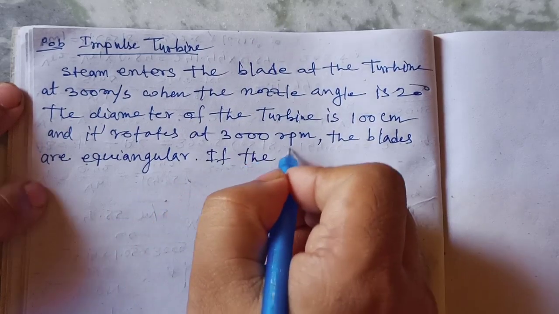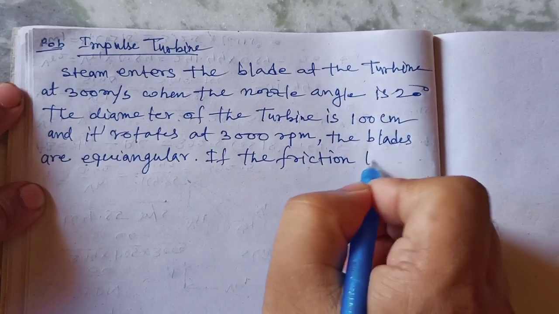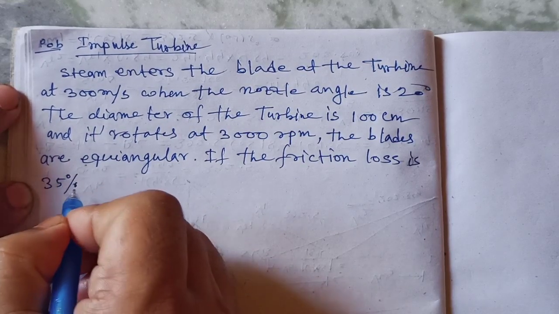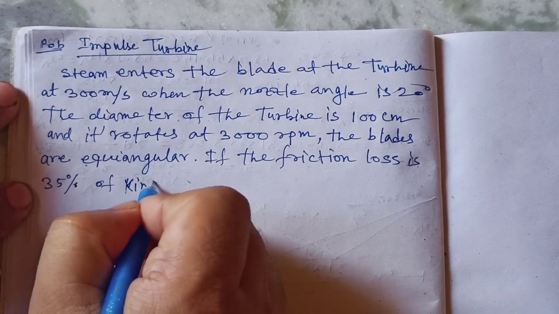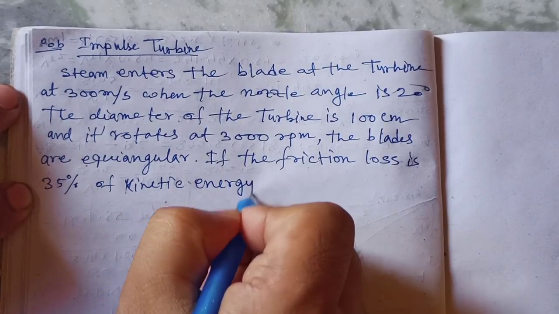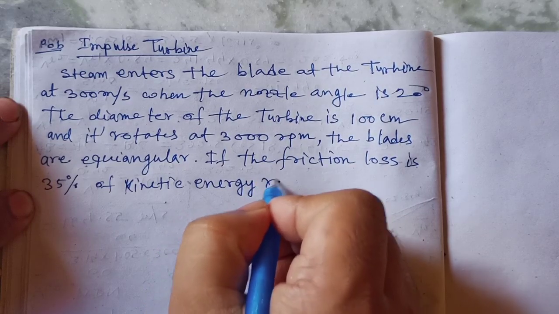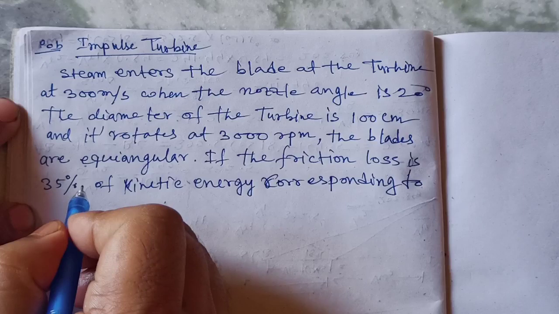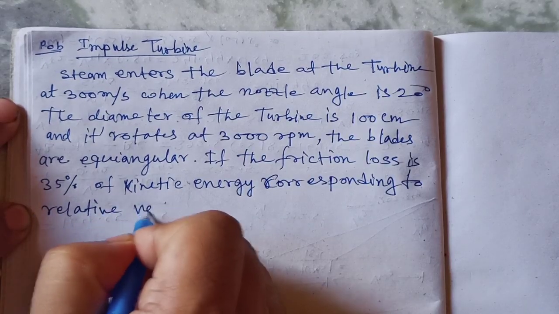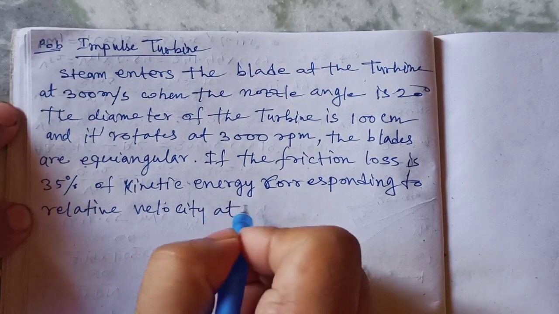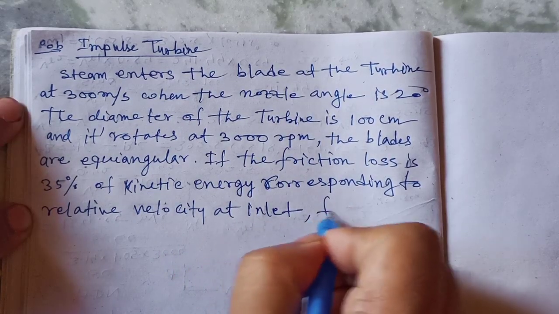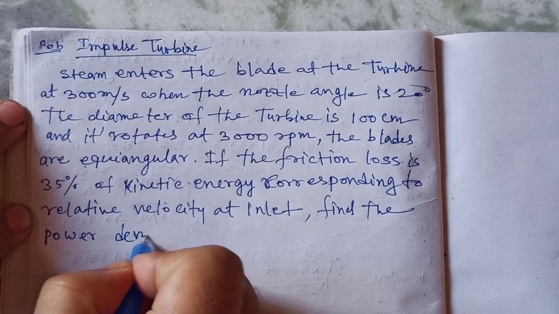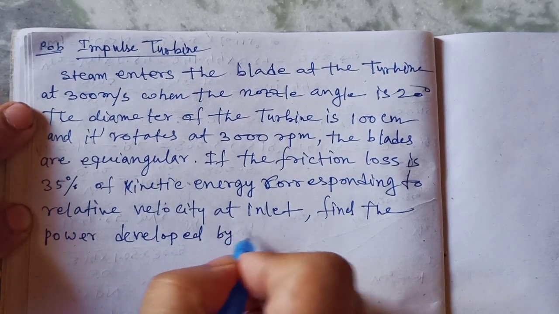If the friction loss is 35% of kinetic energy corresponding to relative velocity at inlet, find the power developed by the turbine.